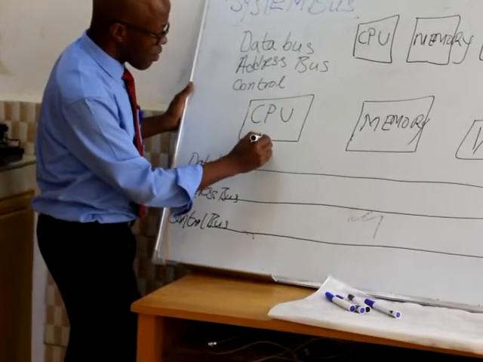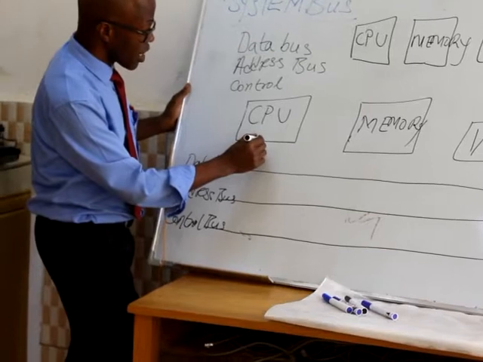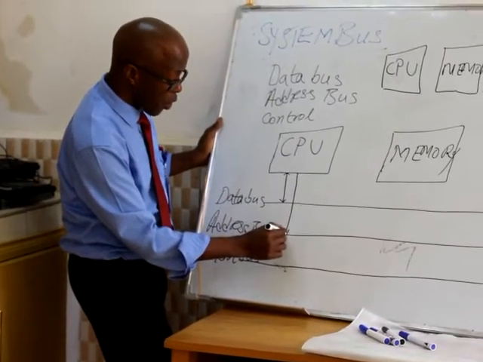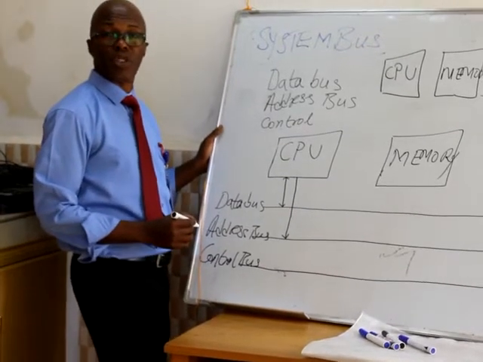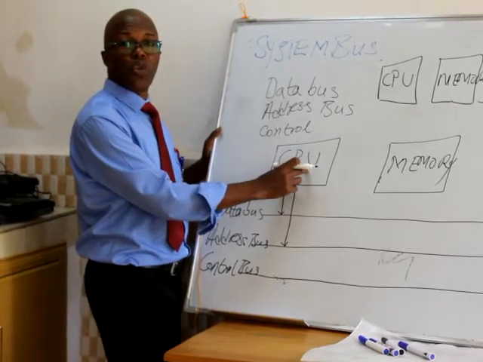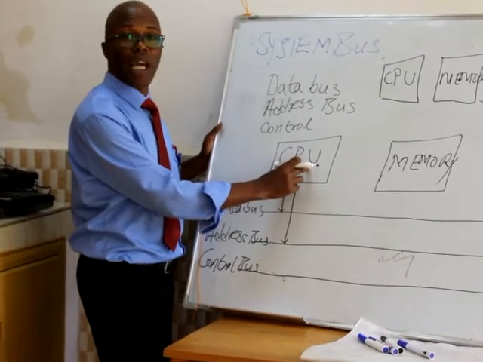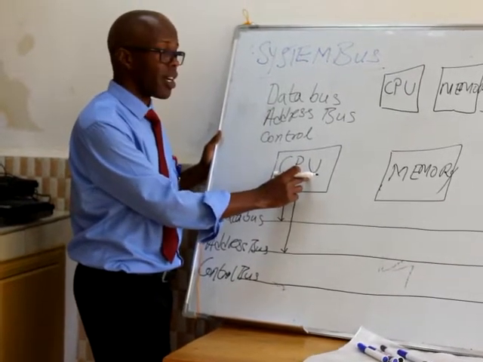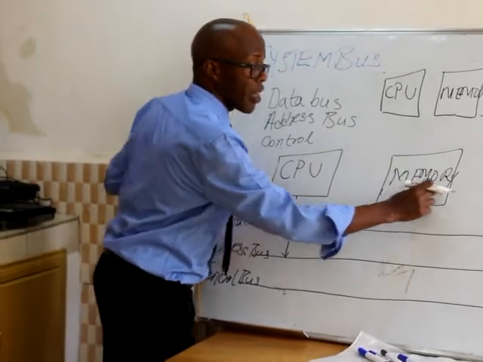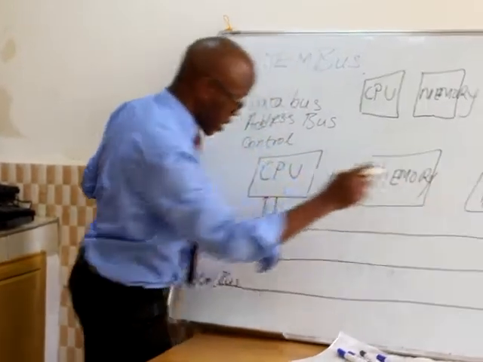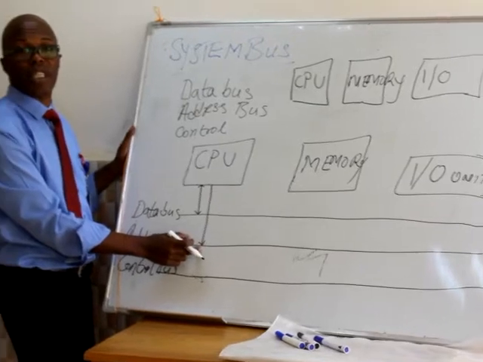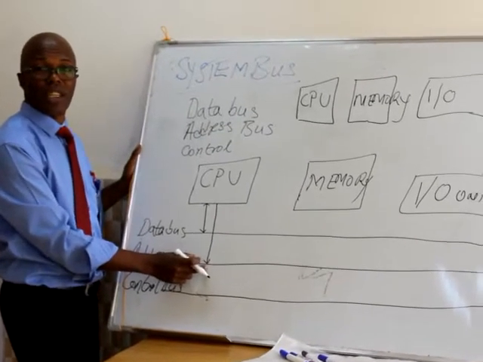And from the CPU to the address bus, we have a monodirectional movement. The CPU will make a request of data from the memory and the input-output unit by placing an address on the address bus.